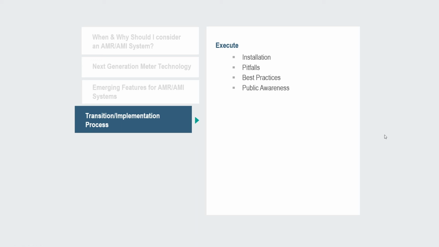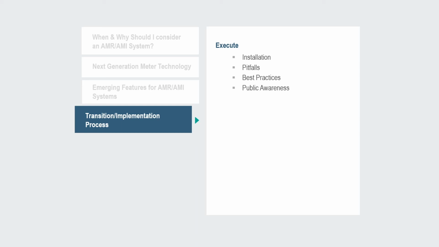So really, public awareness is something that we try to help our client cities and our client utility providers get up to speed with presenting this information, that once they decide to move to an AMR and AMI type system, to get the word out that this is what's happening, that there could be some cause and effect associated with it.